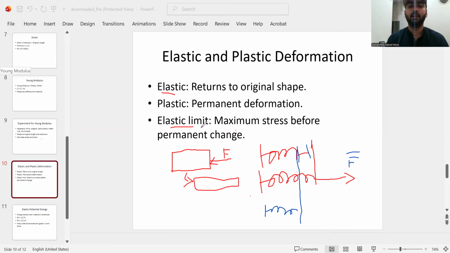Similarly, elastic limit: when we stretch or compress an elastic material, suppose I stretch with too much force, so that it will not come back to its original position after removing the force.